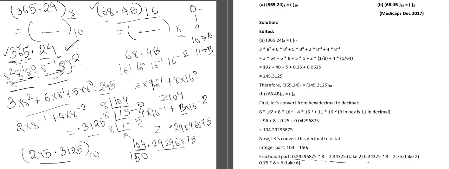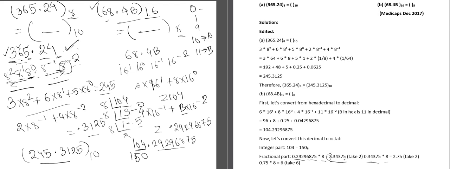For the sake of simplicity, we take the 2, then multiply 0.34375 by 8. This means when we multiply 0.29296875 by 8, we ignore the integer part, which is this 2.